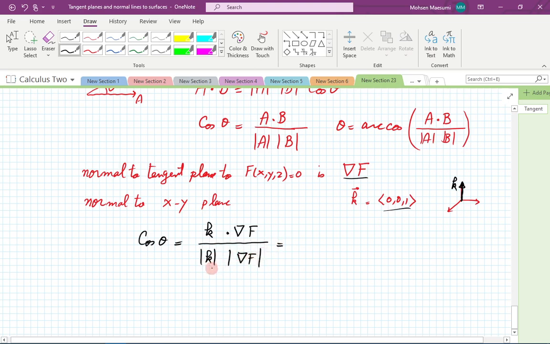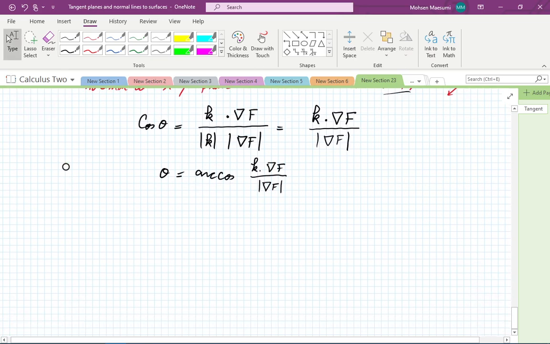Since k is a unit normal vector, the problem becomes a tad bit simpler. It becomes k dotted with the gradient of f divided by the length of the gradient of f. And of course, if you want the angle itself, it is the arc cosine of k dotted with the gradient of f over the length of the gradient of f.